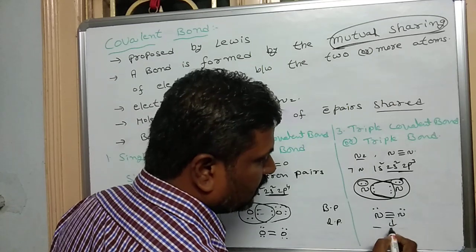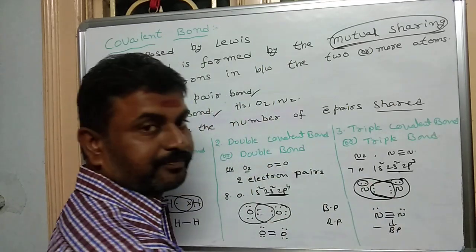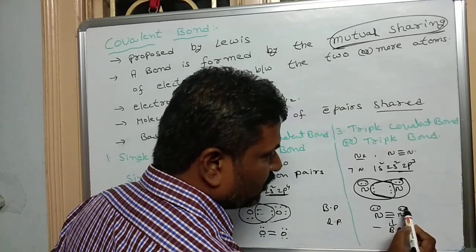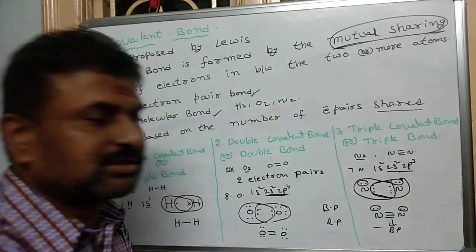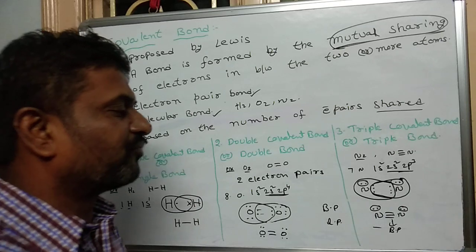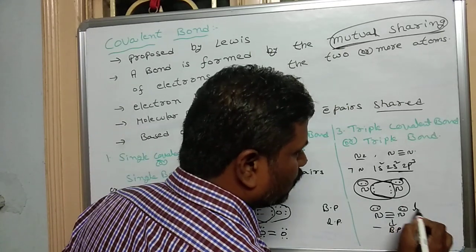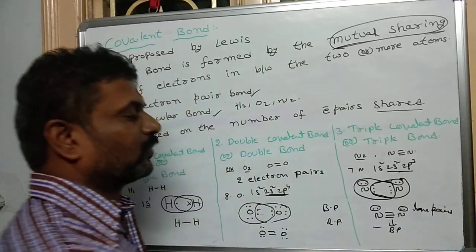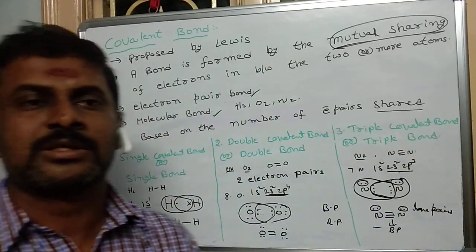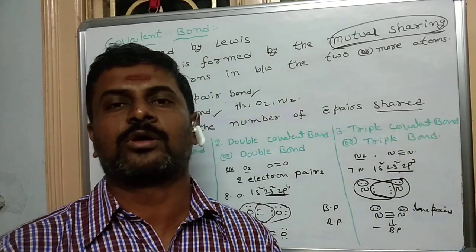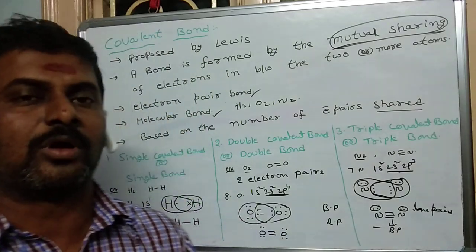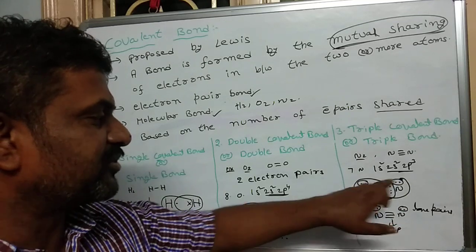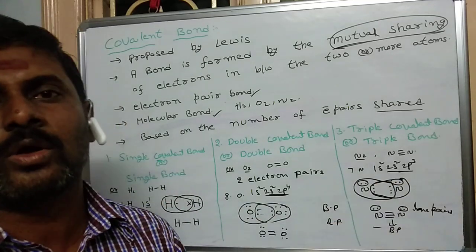So these are called the bond pairs. These other 2 electron pairs are not involved in the bond formation, so these 2 are called the lone pairs. Bond pairs are the electrons involved in the bond formation; lone pairs are the electrons not involved in the bond formation.